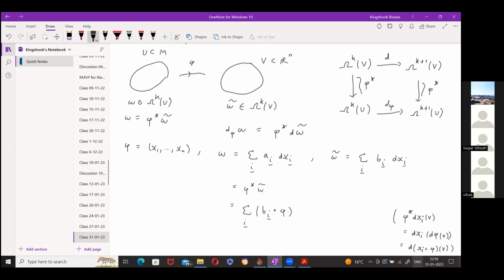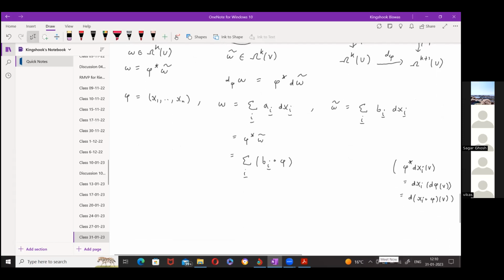And xi composed with phi is the ith component of phi, which we're calling by abuse of notation also dxi, right? Is that clear? So phi star pulls back each dxi to the corresponding function on the manifold, dxi. So phi star of this dxi bar will be again dxi bar. So there's an abuse of notation here. Is that clear?